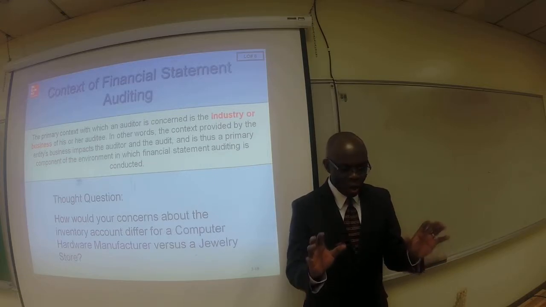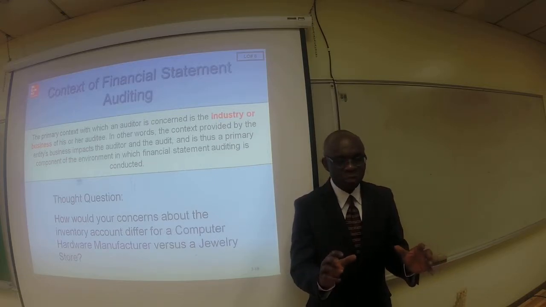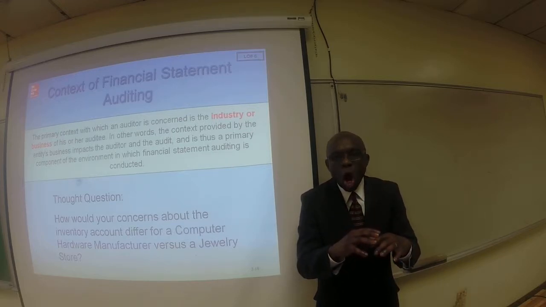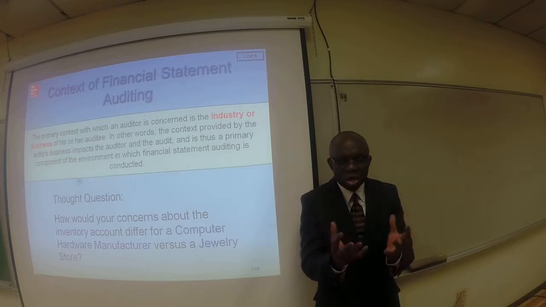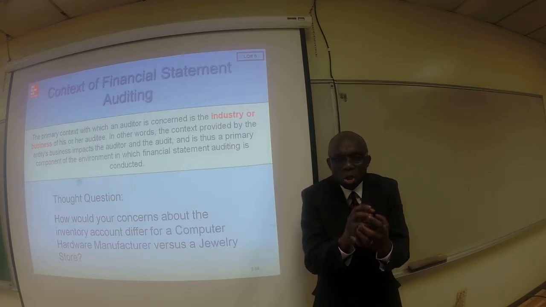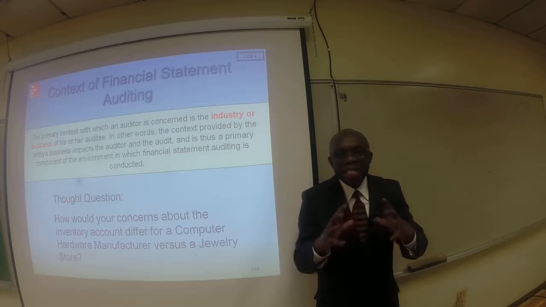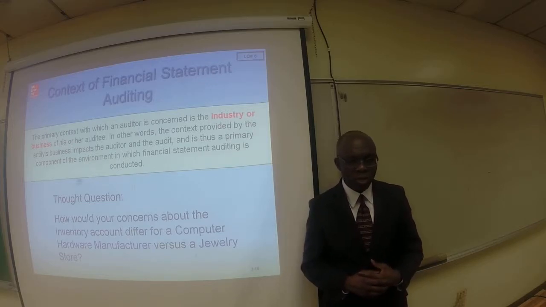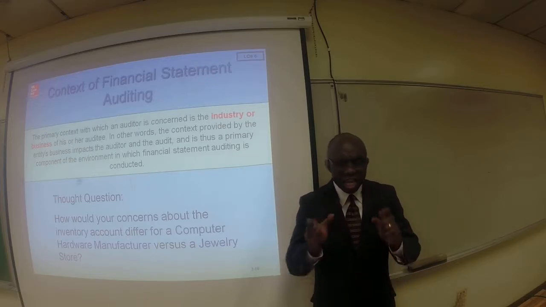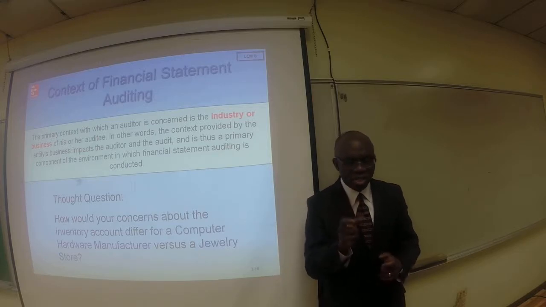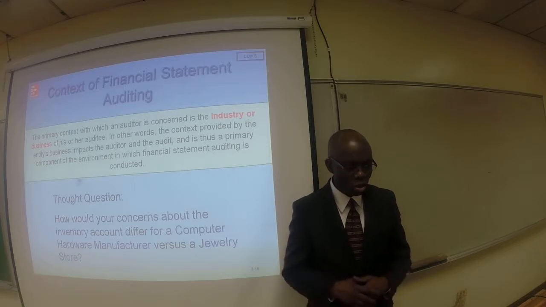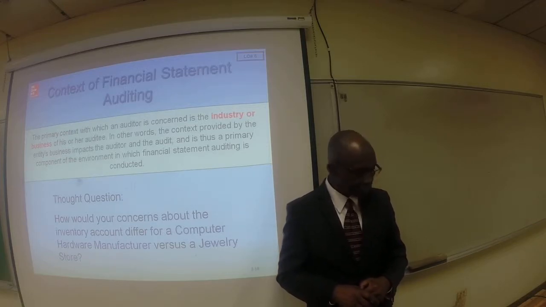In summary, the industry in which the company that you are auditing operates, or the business model or the type of business that the company is in, has a whole lot to do with how the audit is going to be performed. So the industry or the business is a critical element as to how the audit is going to be conducted.